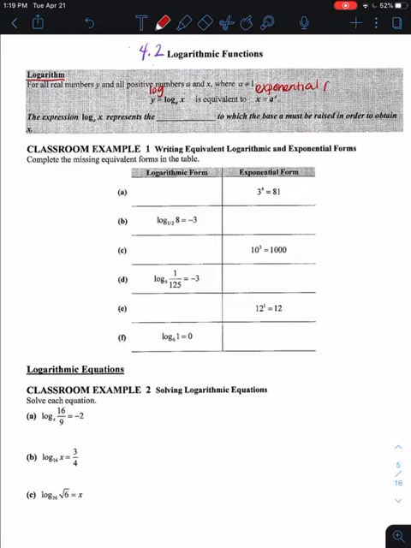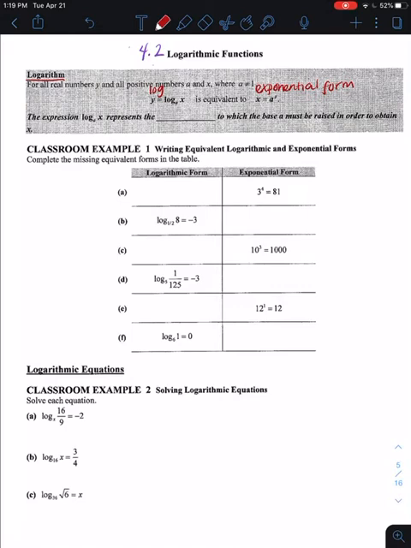So log form, exponential form, we say log for short for logarithms. When you look at both of these expressions, you have y equals log base a of x, which is equivalent to x equals the base a to the y exponent.